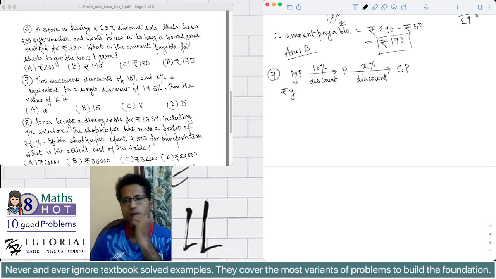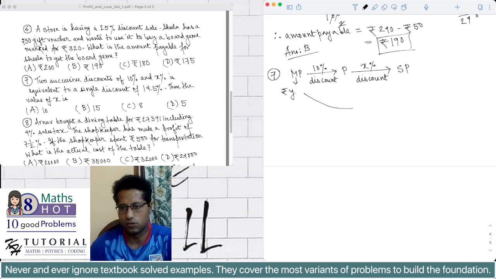Now, if there is a single discount of 14.5% from the same mark price of rupees y, we will have the same selling price.